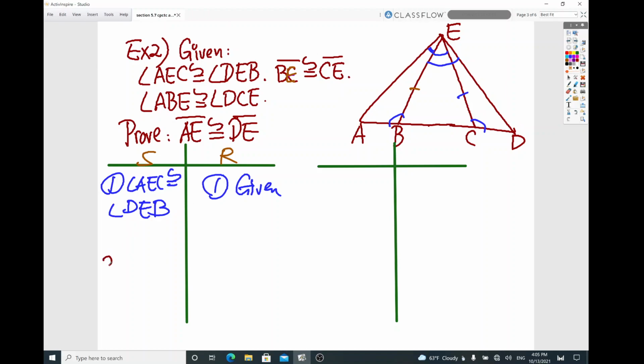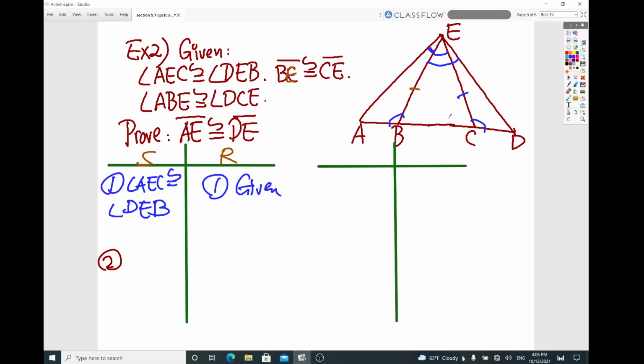For the next statement, we want to start off with the triangle. One thing we notice is that angle AEC is congruent to angle BED.